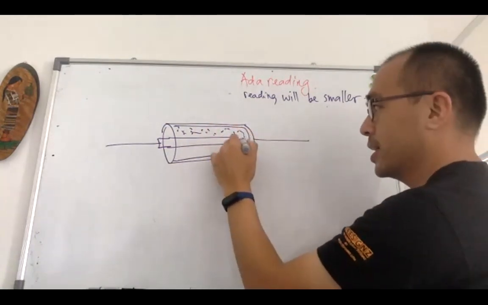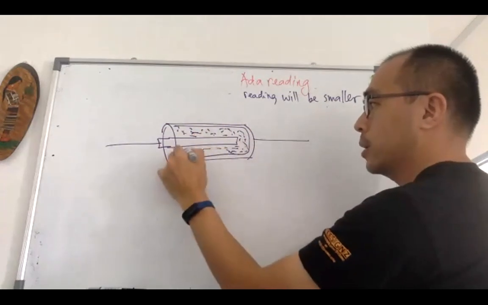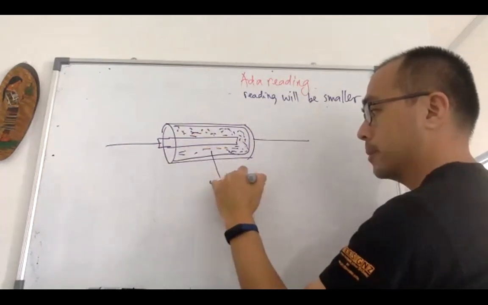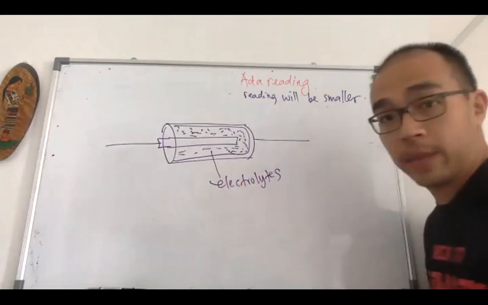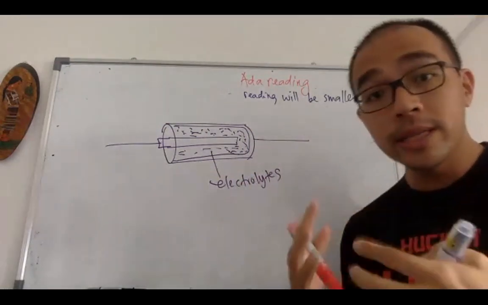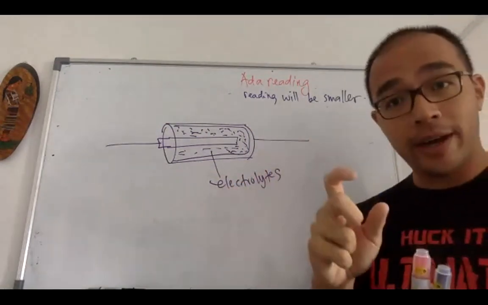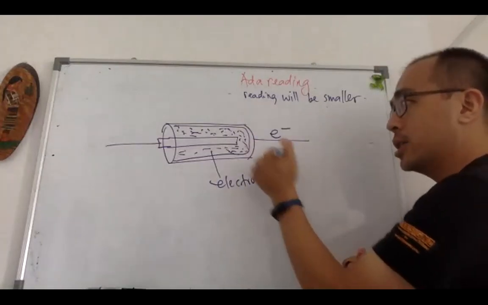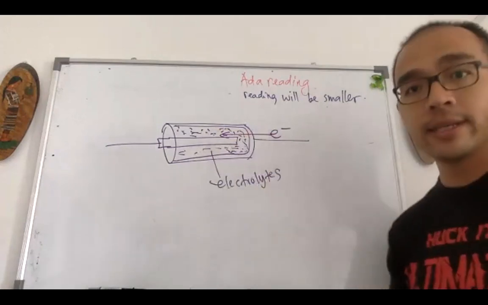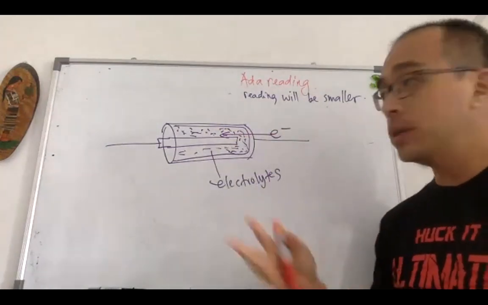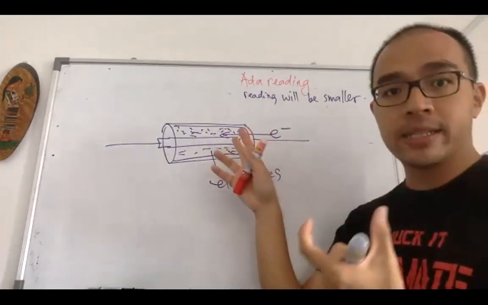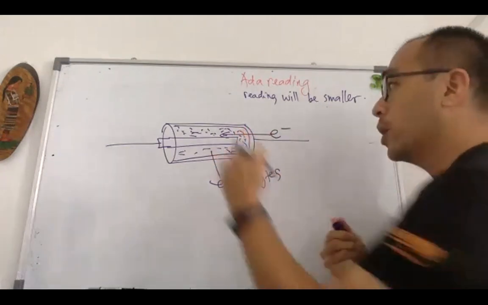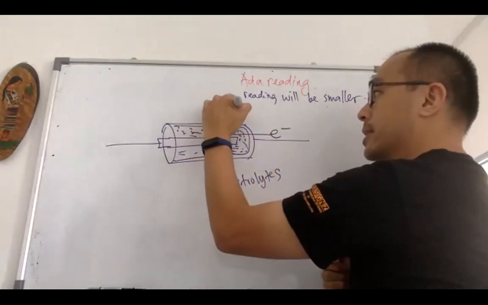You see all this macam serbuk lah. All these are electrolytes. We're going to the chemistry world now. All these electrolytes actually provide resistance. Think of an electron or a charge flowing through these electrolytes. It's obviously going to encounter some resistance, which is why we call this the internal resistance.